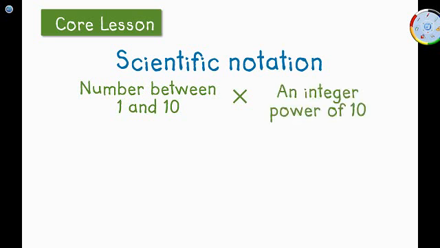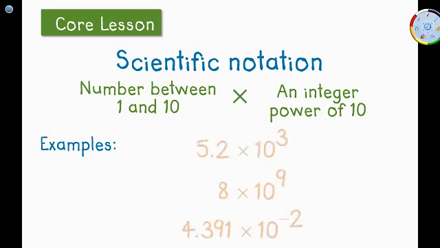And then we have that times an integer power of 10. It means it's a whole number power of 10, like 10, 100, 1,000, something like that. So some examples of numbers written in scientific notation would be these.